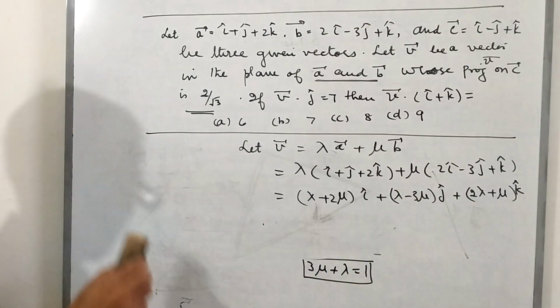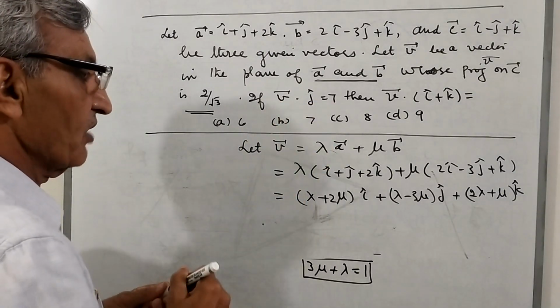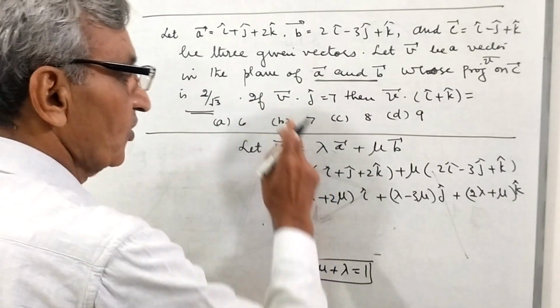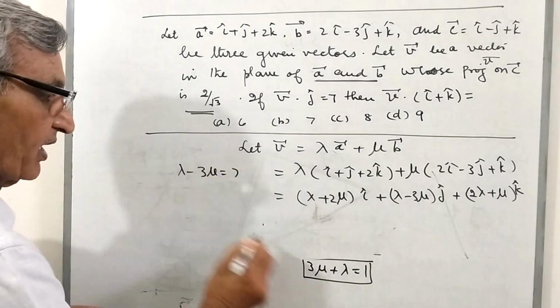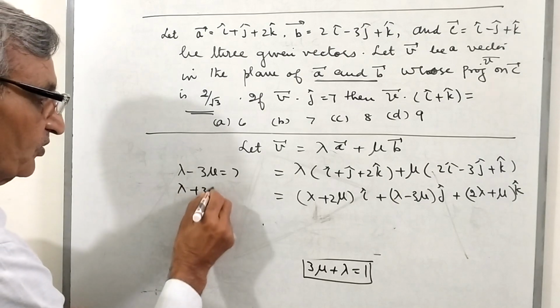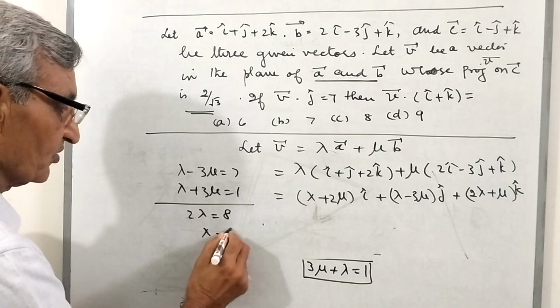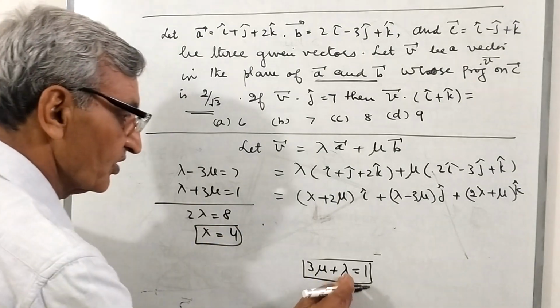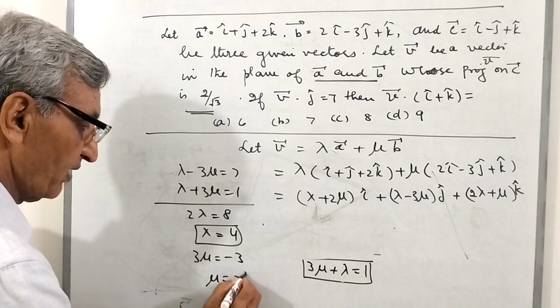The second condition given to us is V dot j is equal to 7. It means this is equal to 7, and we had lambda plus 3 mu is equal to 1. So 2 lambda is equal to 8, lambda is equal to 4. When lambda is equal to 4, 3 mu is equal to minus 3 and mu is equal to minus 1.